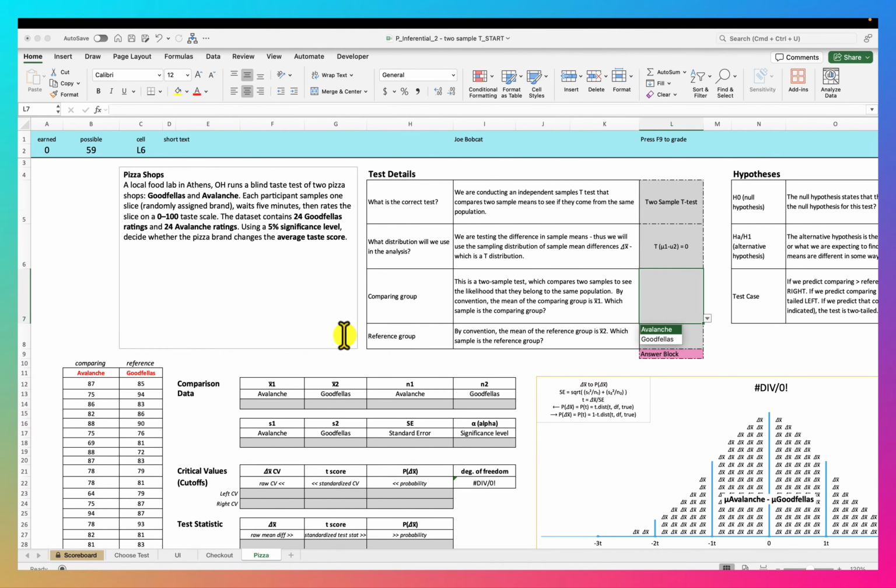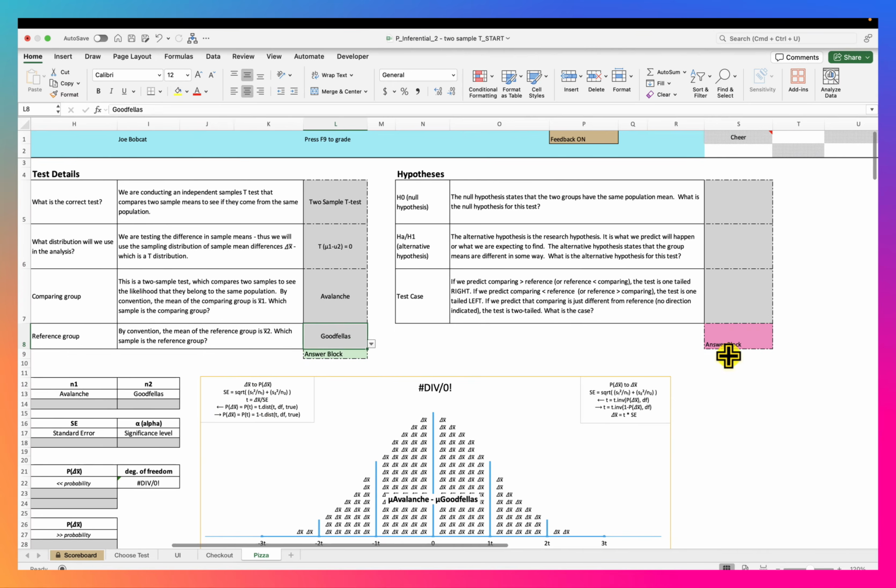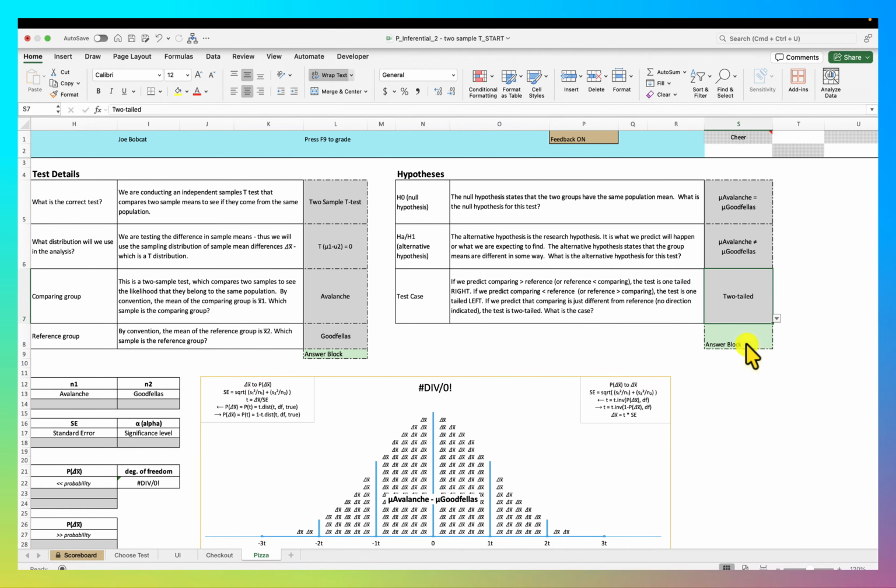So these are arbitrarily assigned for the purposes of this problem. One isn't, by definition, the reference group. So comparing is Avalanche. Reference is Goodfellas. Null hypothesis is that they're the same. Alternative is that they're different. So that makes it two-tailed.